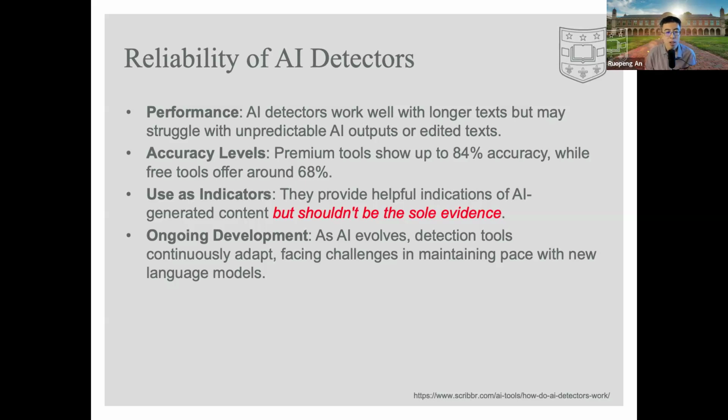And of course, we need to consider ongoing development, because as AI evolves, those detection tools may continuously adapt, but at the same time face challenges in keeping pace with new language models, because now many new language models have the capacity to really mimic human-written text, which is almost impossible to identify. We'll talk about those aspects a little later.